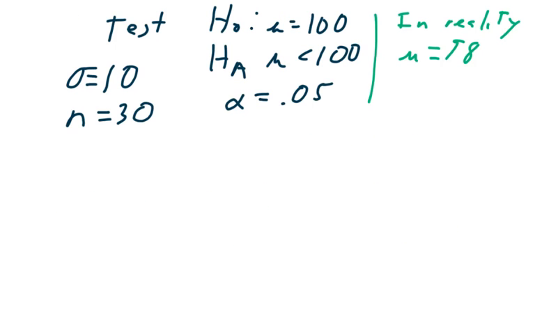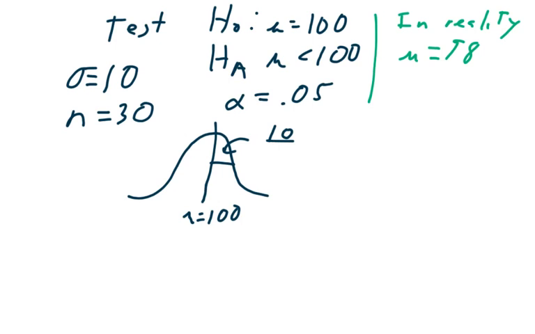So in this first example, we got mu equals 100, and the standard deviation is going to be 10 divided by the square root of 30. With alpha being 0.05 and the alternative being less than, I need to find out where my rejection is.